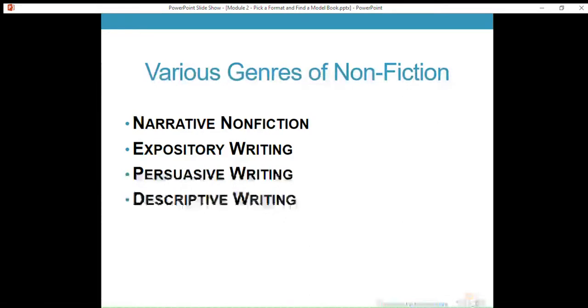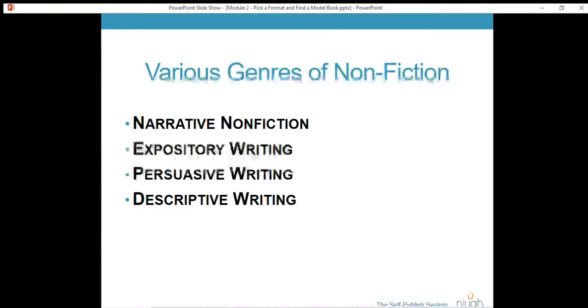Descriptive writing can be creative, as we mentioned in the narrative nonfiction, but it's just detailing ways in order to pique the reader's interest. So, for example, if you're writing about your trip to Bermuda, I know you guys are probably tired of hearing me talk about Bermuda right now, but if you're talking about your trip to Bermuda, or you're a travel writer, or maybe you are a food critic and you're writing about a recent trip to a restaurant, you're going to describe that in a way that makes the reader want to taste that food, that makes the reader want to step their foot into that turquoise water and the swells hitting the ocean.